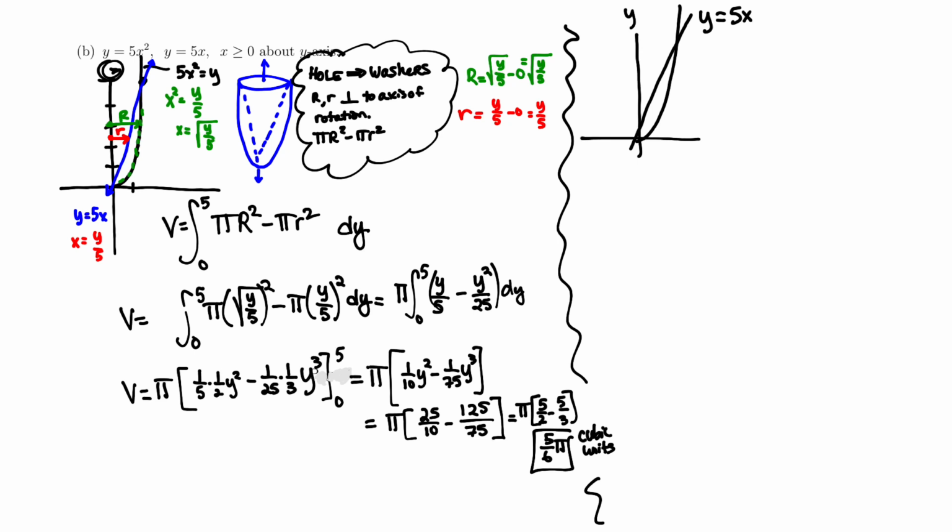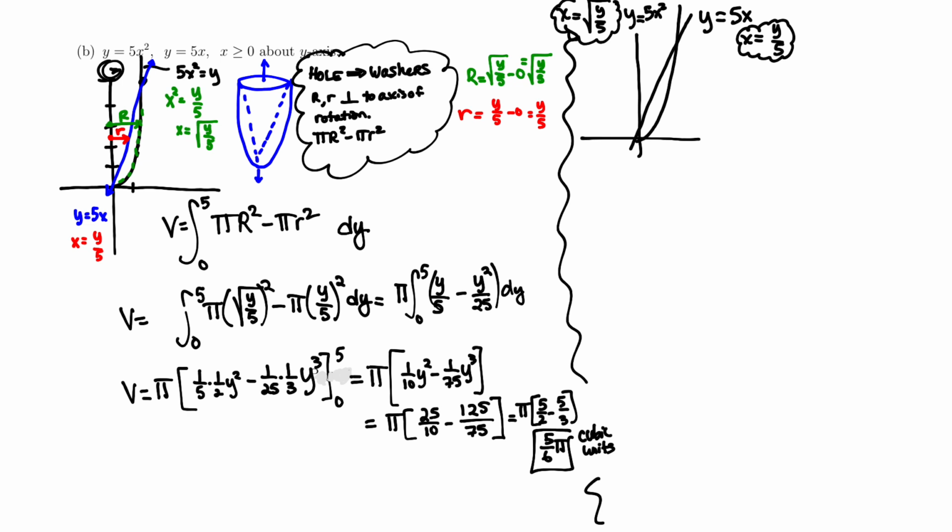And then y equals 5x squared, which we already have our curves. Let me rewrite our curves. That's x equals y over 5 and x equals square root y over 5. What happens?